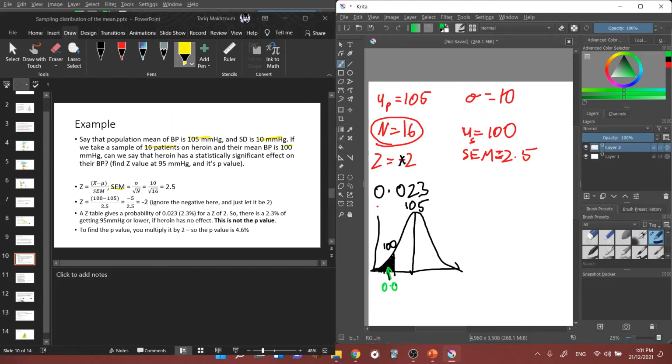Okay? Now, why are we looking at it lower and not higher, the way you do other examples?